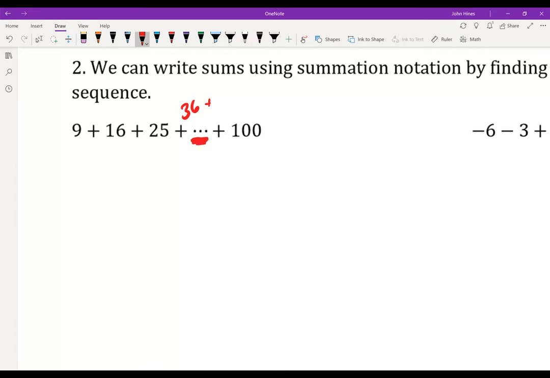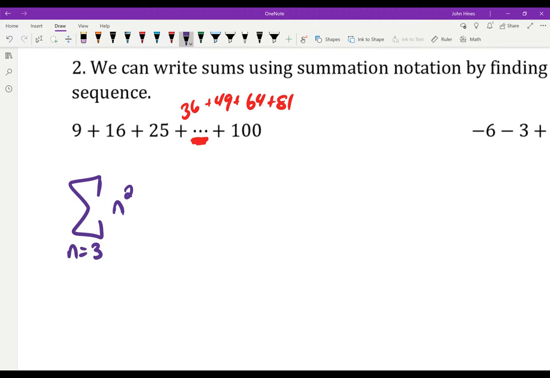36 would be there, 49, 64, 81. What are all these numbers here? Oh, these are all my perfect squares. So wait a minute. I'm going to find the sum and take a second and practice drawing a sigma of n squared. Aren't these all perfect squares?